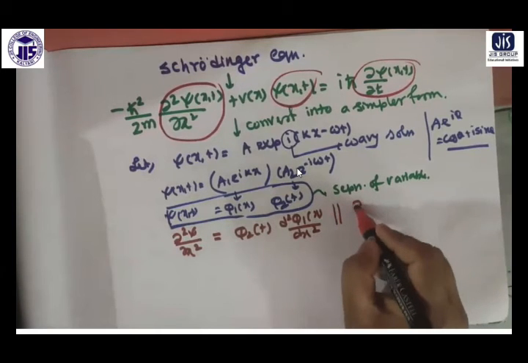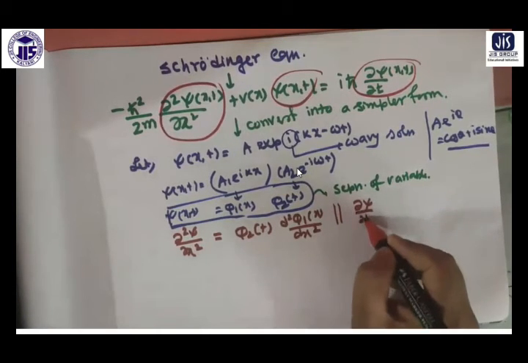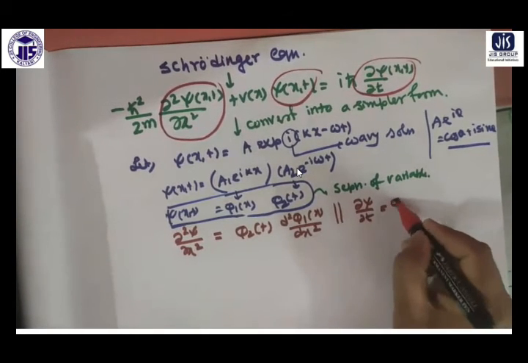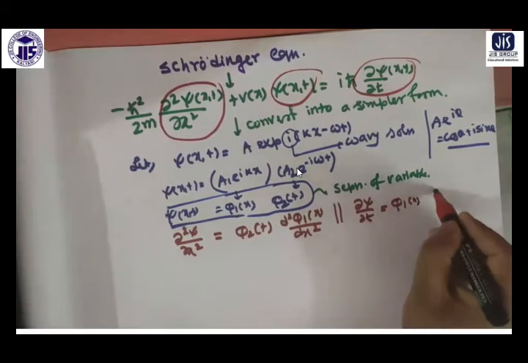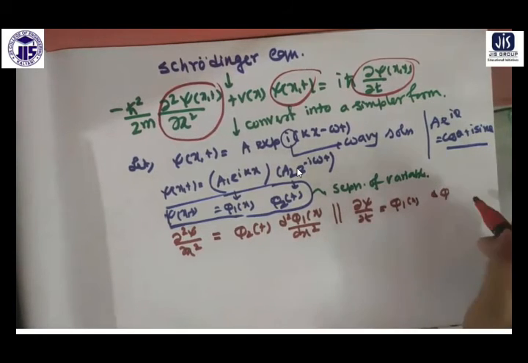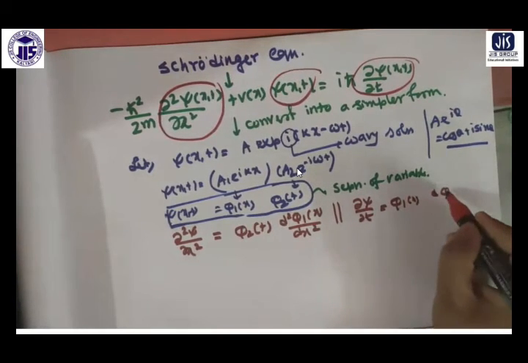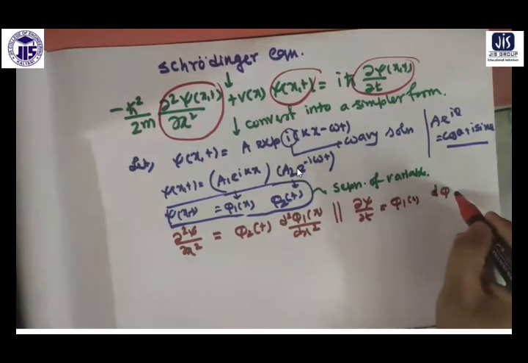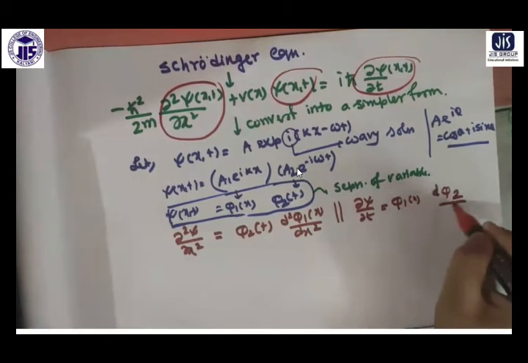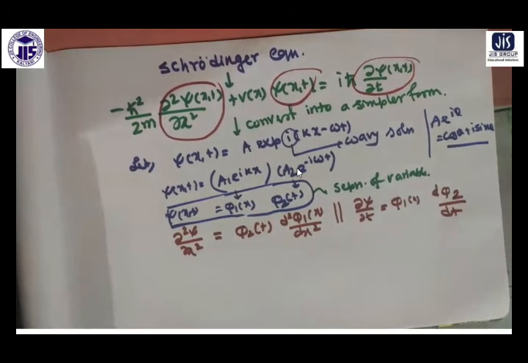And if I replace del psi del t, it will be phi 1 x d phi 2 dt.